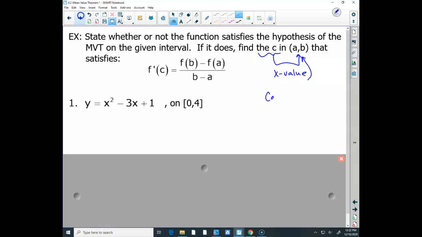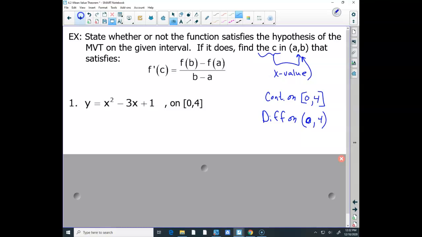Am I continuous on a closed interval? Is this function continuous? Well, heck yeah, it's a polynomial. They are continuous everywhere within their domain, which happens to be all real numbers. Is it differentiable on the open interval from 0 to 4?